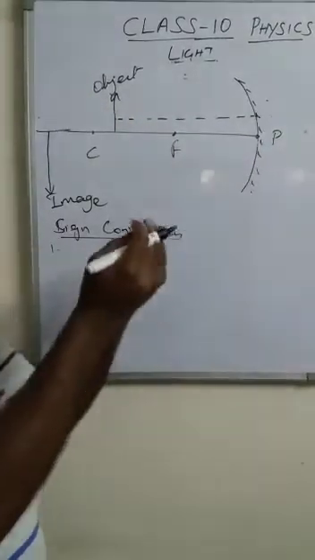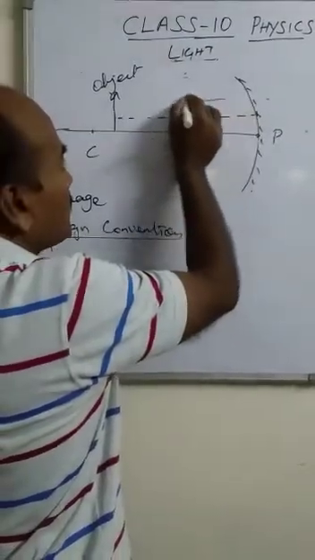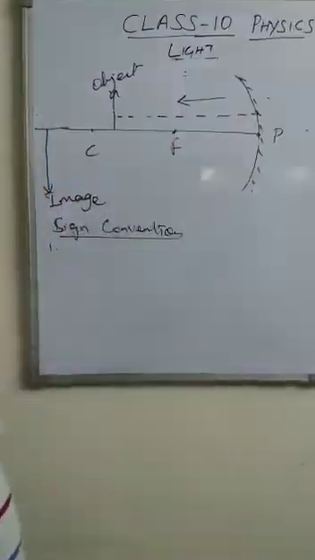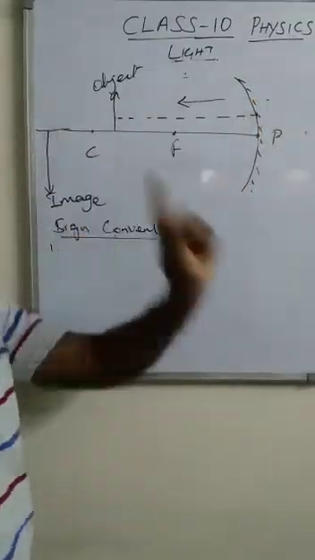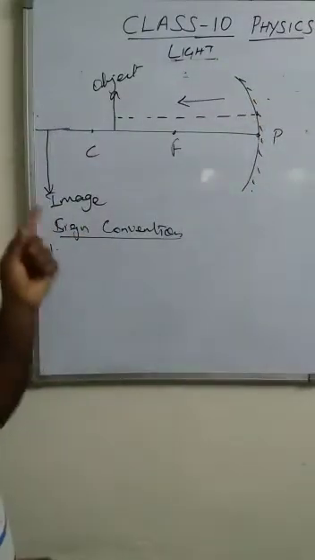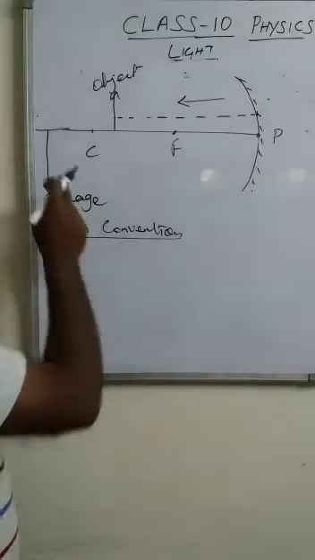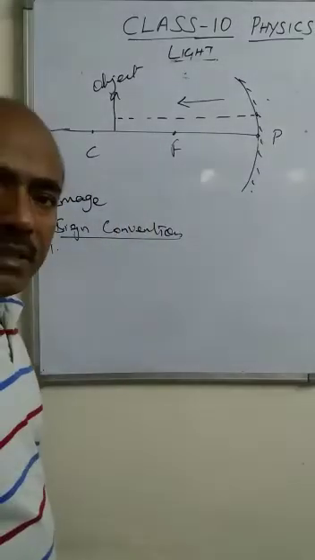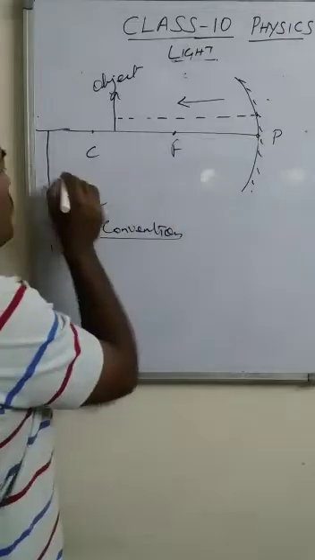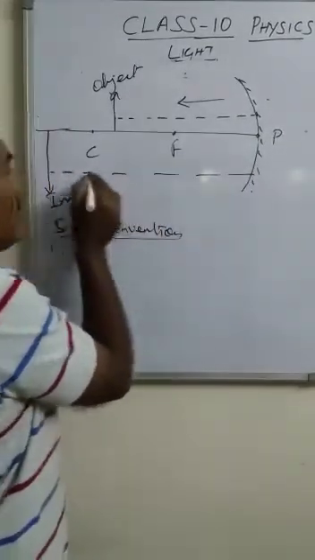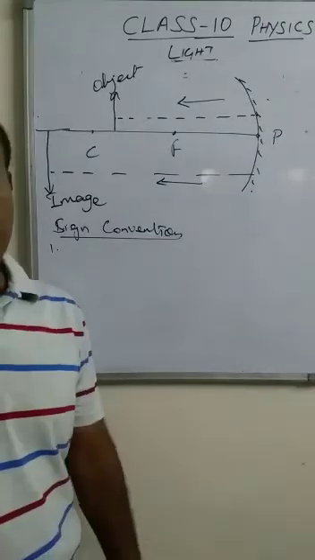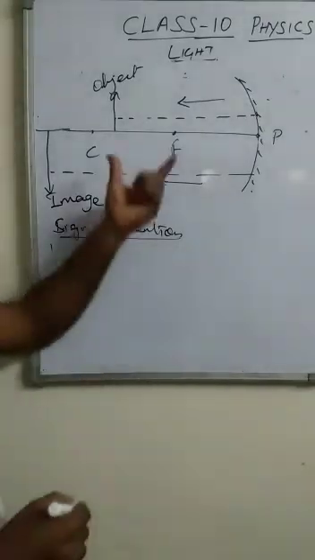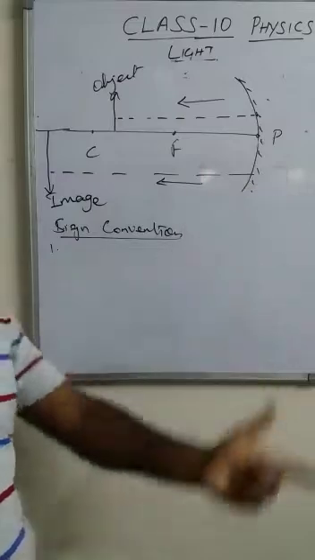So our measurement is moving in this direction. We are measuring the distance of object in this direction, that is from right to left. Then while we measure the distance of image, it is also measured from right to left. Here this is the distance of object.